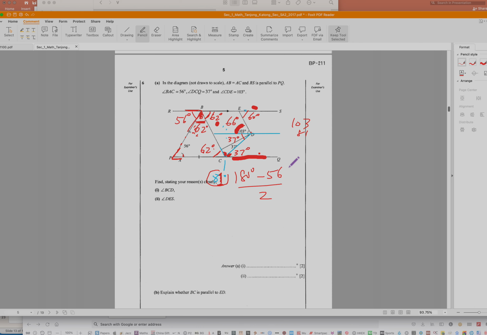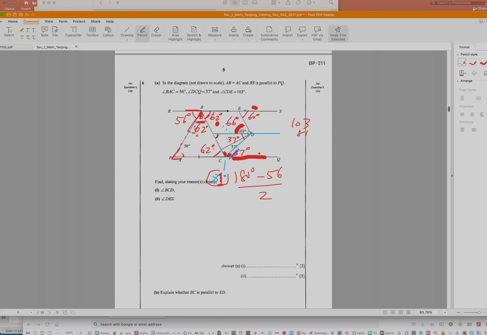Can you double check with your calculator? DCQ, 180 minus 62 minus 37. 81. Okay. So if this is 81, then this one is how much?